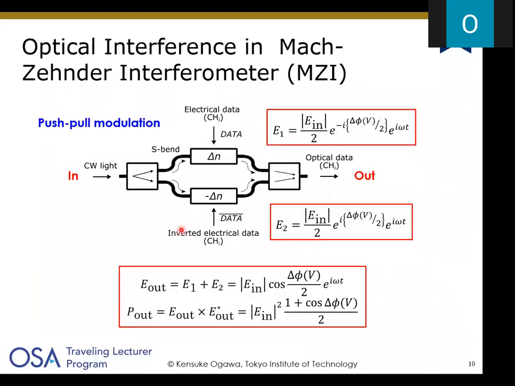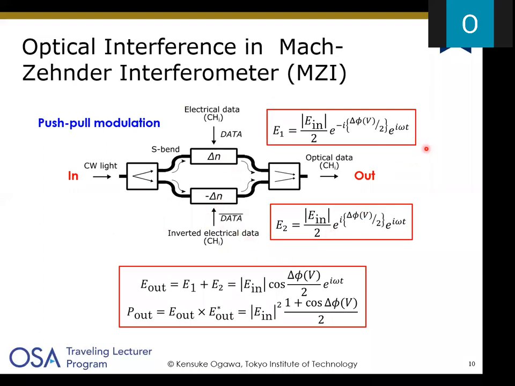This is the basic mathematical representation of the Mach-Zehnder interferometer. In one arm and the other, electrical data and inverted electrical data are applied in this scheme. We call this push-pull modulation. The positive and negative signals are applied in each respective arm, vice versa.